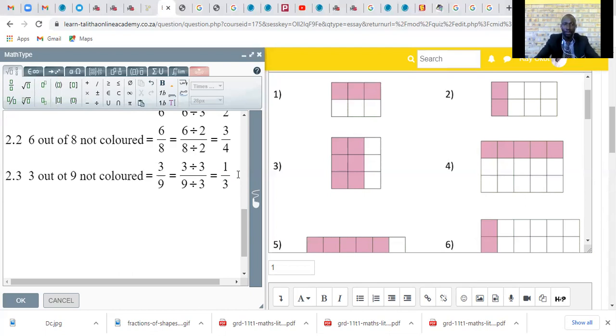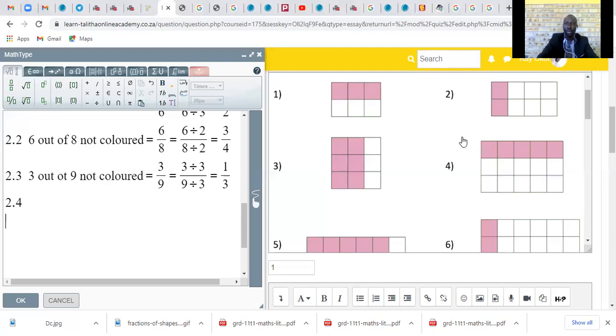Okay, then for the next question, which is question 2.4, we will be having to count the squares that are what? The squares that are not colored.